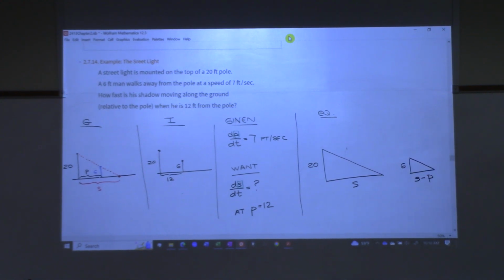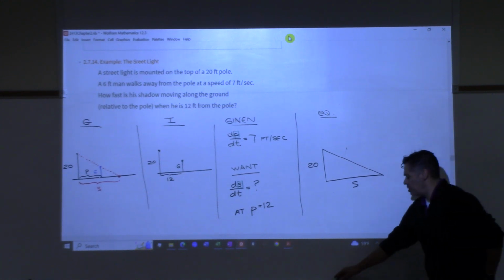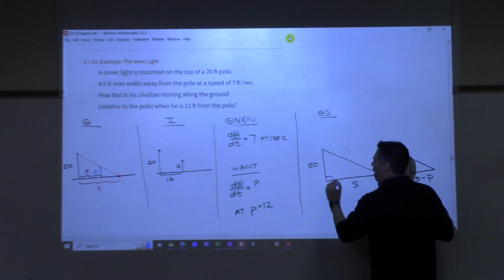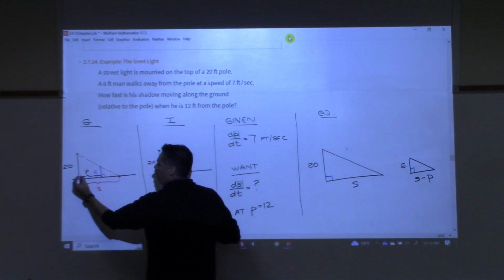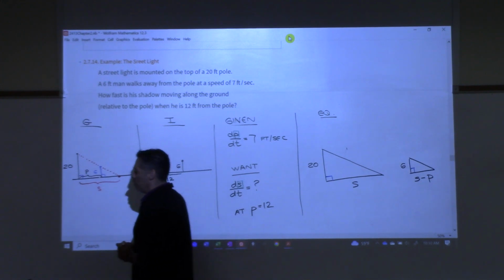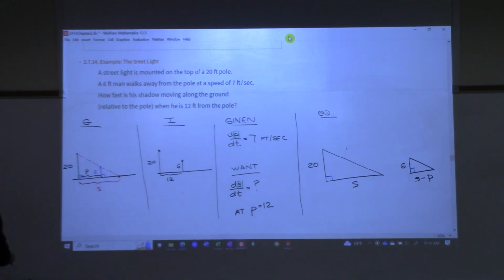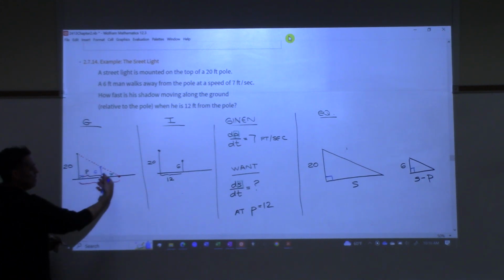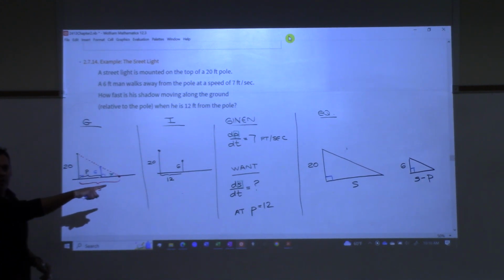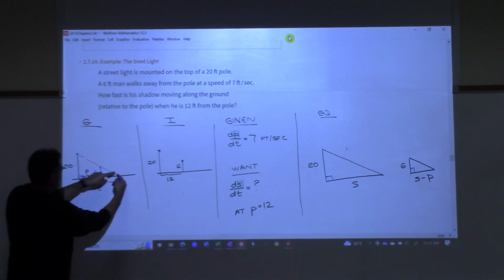Now these two triangles have a very important property. First, they both have right angles here, these two right angles, there and there. But the critical part is that they both share this angle. That angle, whatever it is, is the same on both of those triangles, isn't it? Because this angle makes up the big triangle and this angle makes up the small one.